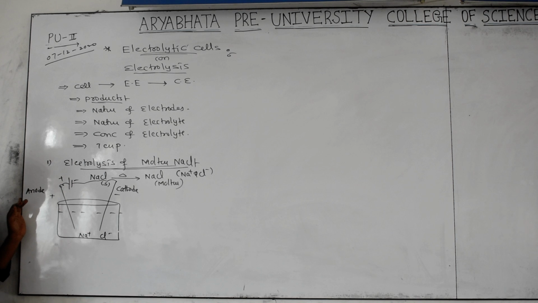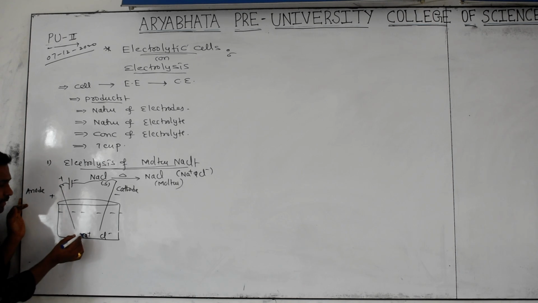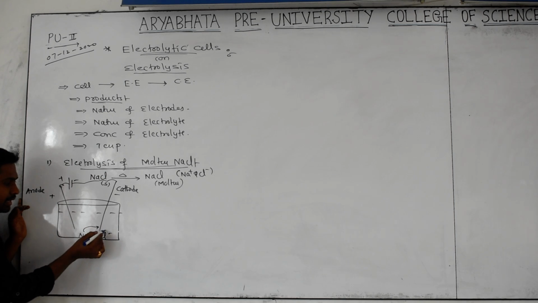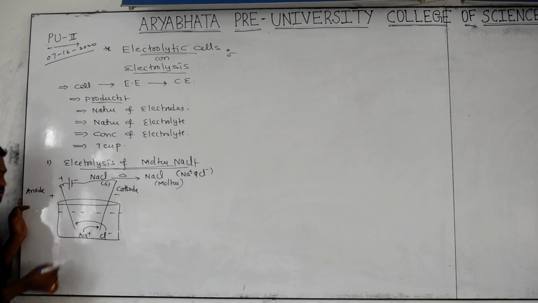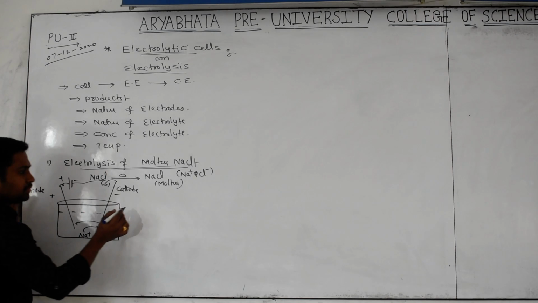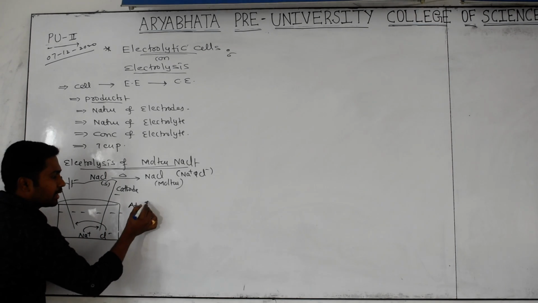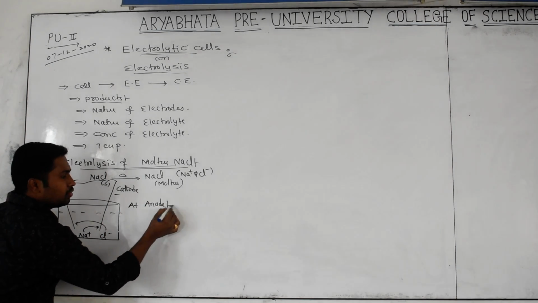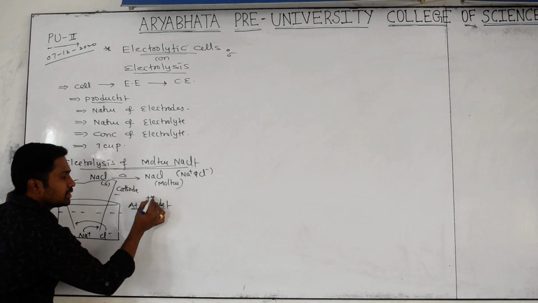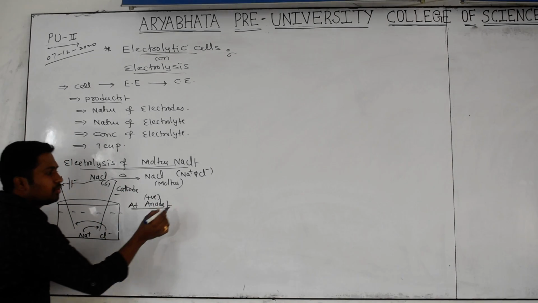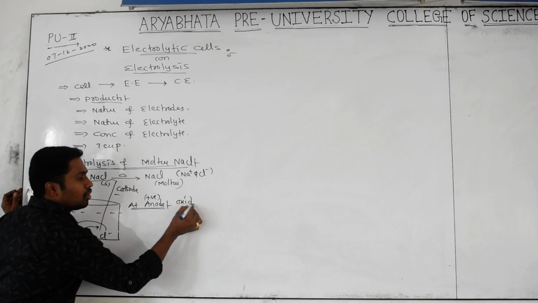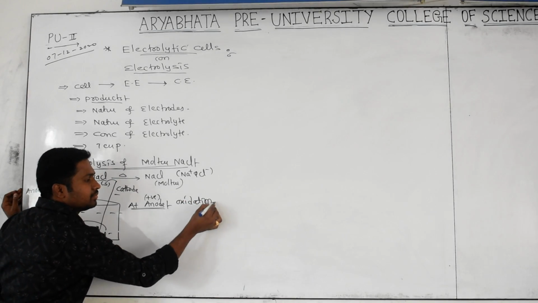Now what happens? Na+ particles move towards the negative rod, and Cl- moves towards the positive rod. At the anode, which is the positively charged rod, oxidation goes on.